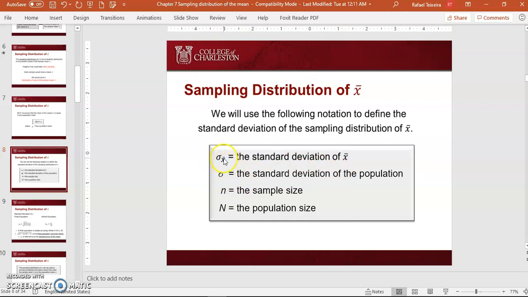This is how you read it: sigma x bar is the standard deviation of the sample mean. The sigma is the standard deviation of the population. The lowercase n is the sample size, and the capital N is the population size.